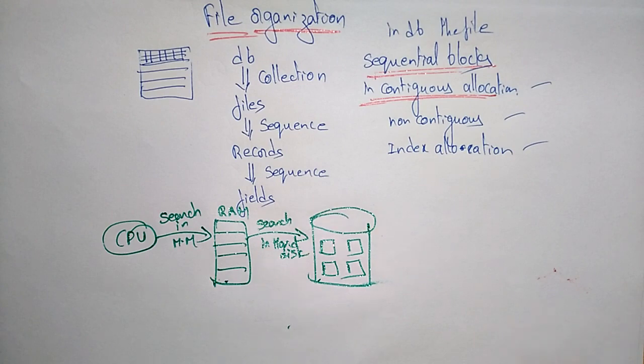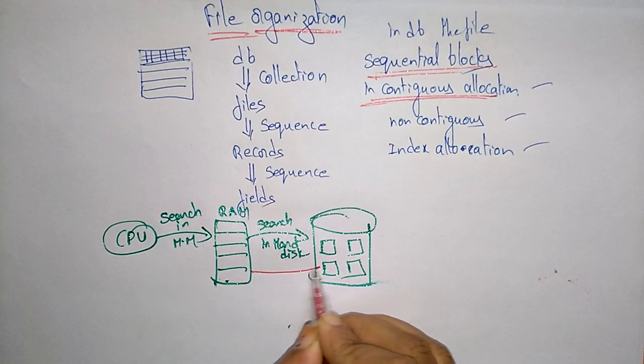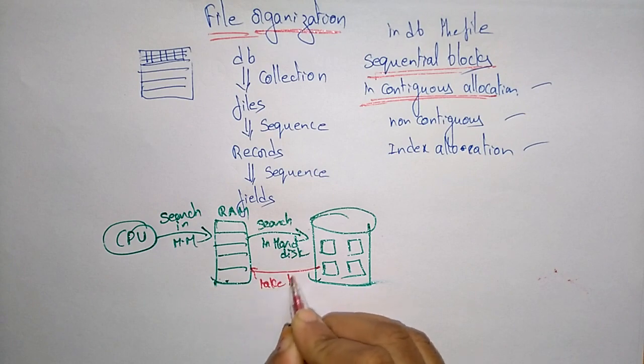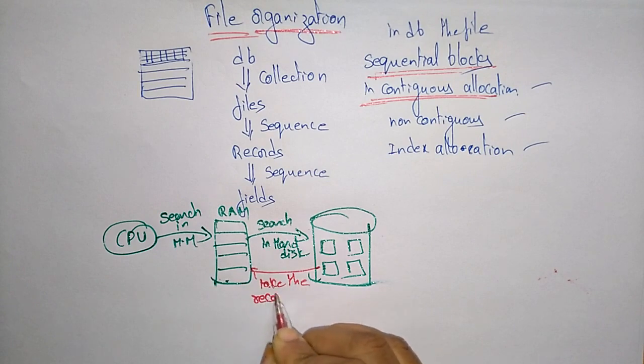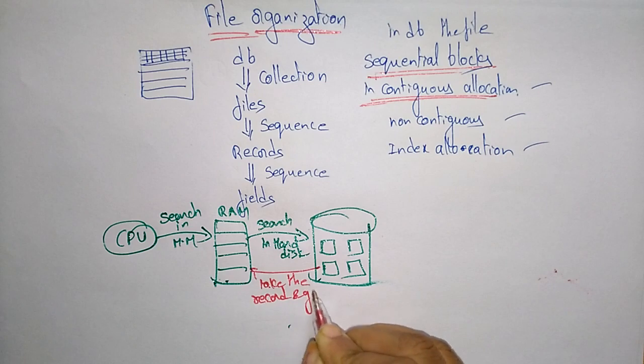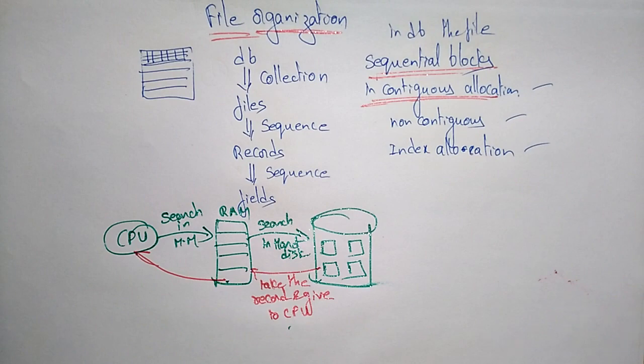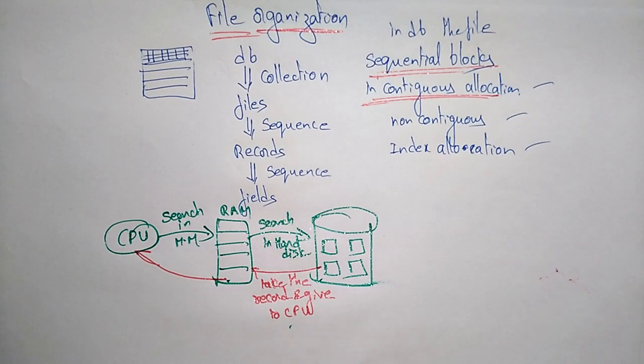If the record is found, it takes that record and gives it to the CPU. Then the CPU gets that record and reads it. So this is the normal procedure.